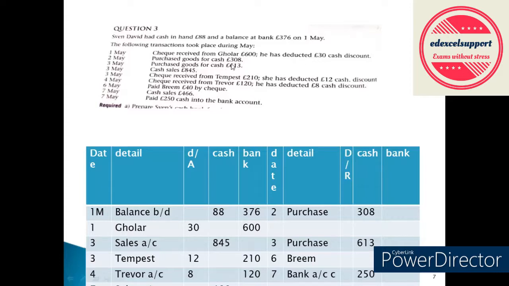Purchase goods for cash 308. Purchase goods for cash 613. Cash sales. Check received from Tempest and check received from Trevor, and paid Bream 40 by check, and cash sales 466. Paid £250 cash into the bank. So one by one we consider and we'll try to understand this.